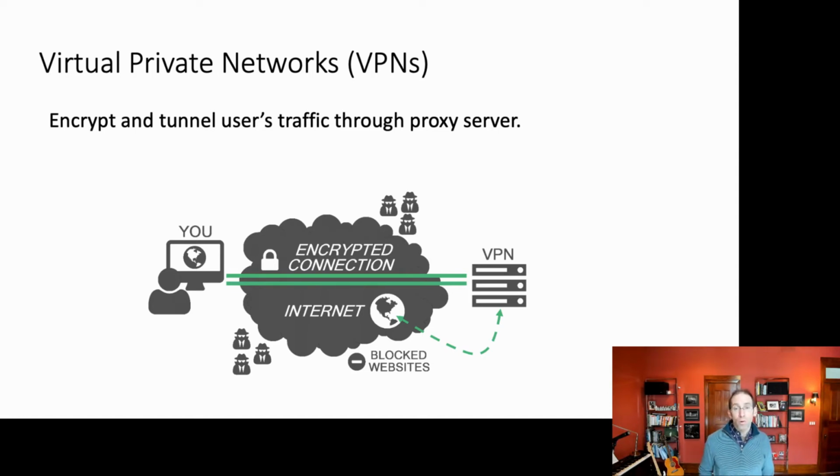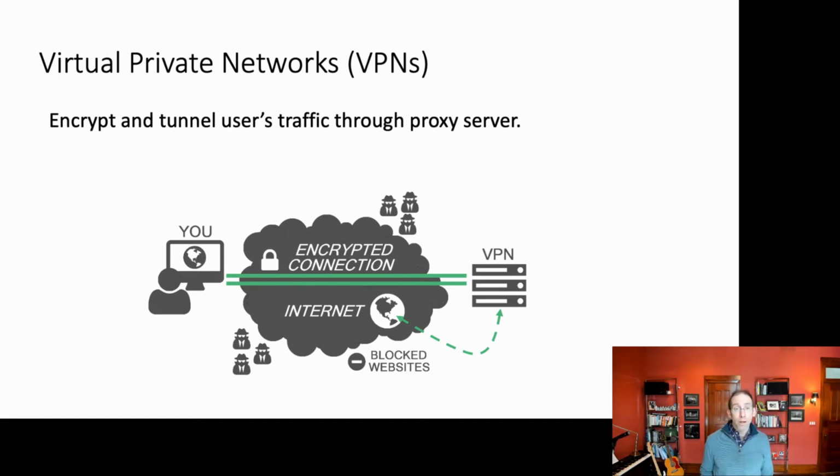This setup, of course, also has some implicit assumptions. One is that access to the VPN server itself is not blocked. Two is that the VPN server or service provider is trusted. And three is that the encrypted connection between you and the VPN service can't be broken or otherwise analyzed to reveal the contents of that communication.